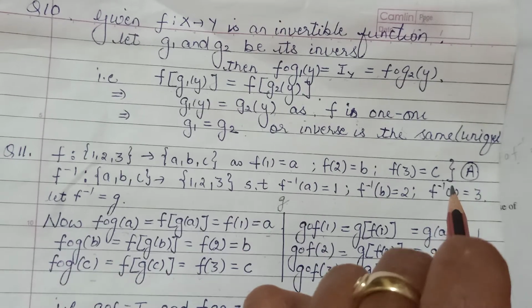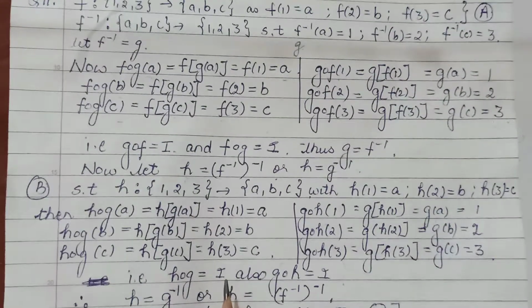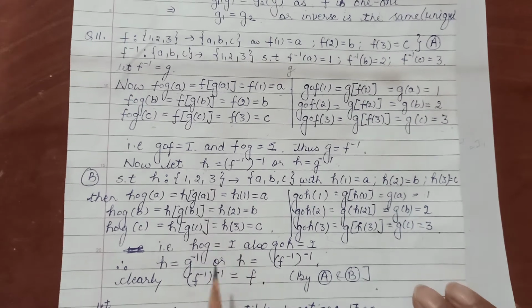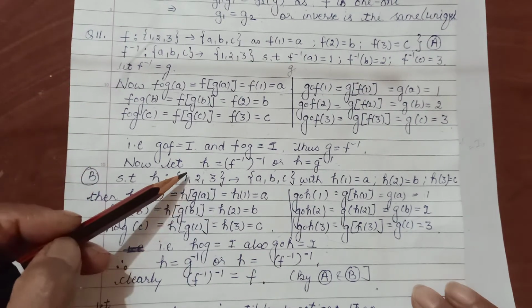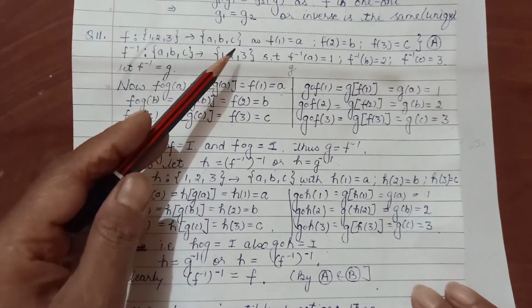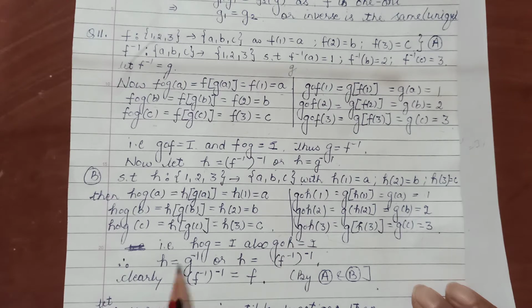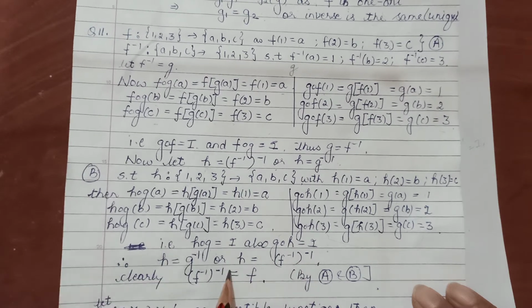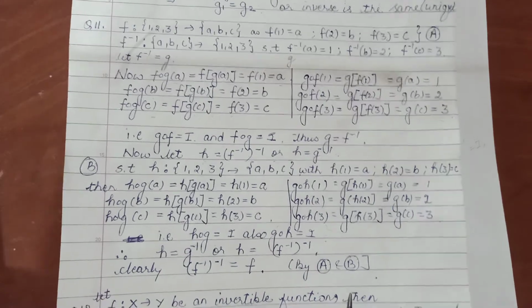This I have called a result. So when you compare a and b, these are exactly the same functions: 1, 2, 3 to a, b, c; 1, 2, 3 to a, b, c. Hence we conclude that h, which is the inverse of f inverse, is exactly the same as the f function. That is all you had to show there.